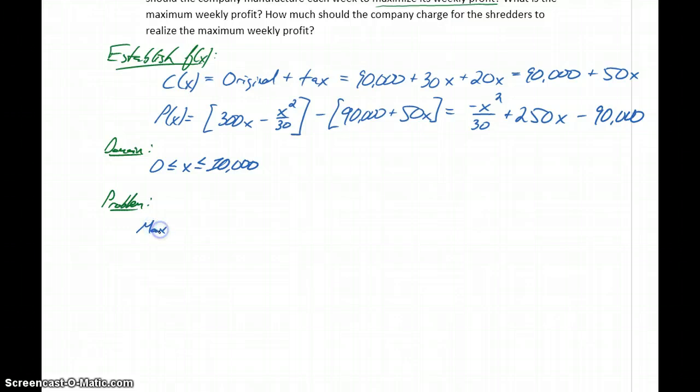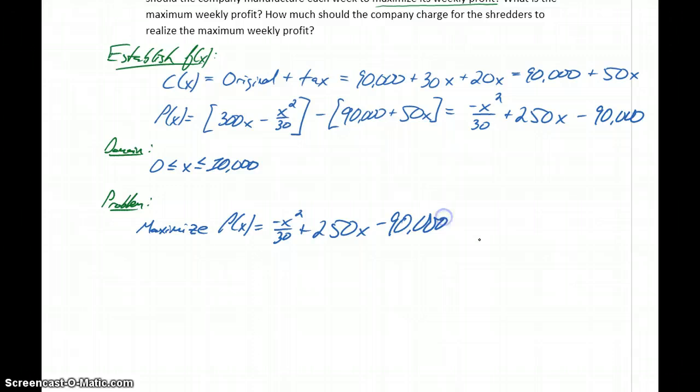So in this case, that is to maximize our profit function on the interval from 0 to 10,000, or when x is bounded between 0 and 10,000.